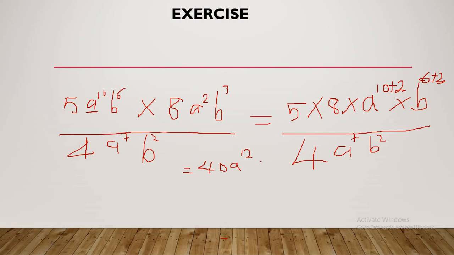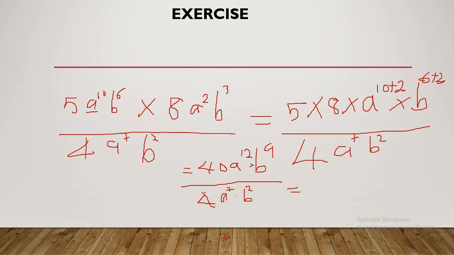And times b raised to the power 9. 6 plus 3, 9. All of this we divide by 4a to the power 7 and b to the power 2.